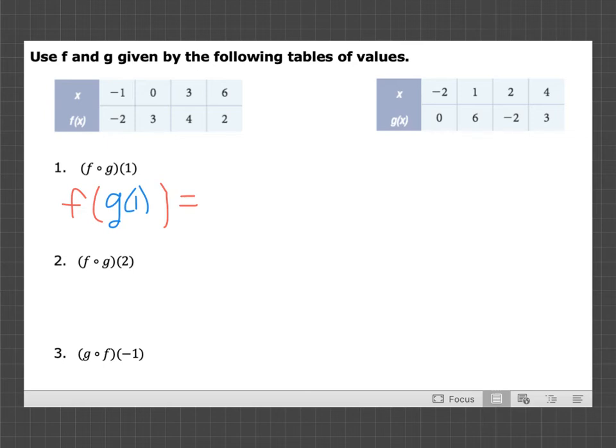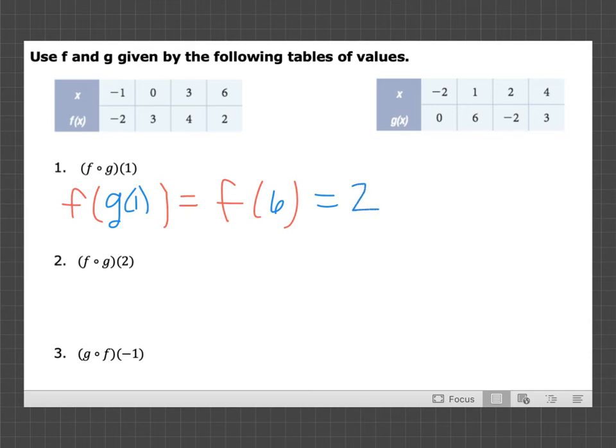So let's go to the table with g. Here is where x is 1, and when x is 1, g is 6. So we're going to replace that g of 1 with 6. So this becomes f of 6. Now we go to the table that defines f, and we go over to where x is 6, and the f function value is a 2. So our result here is 2.